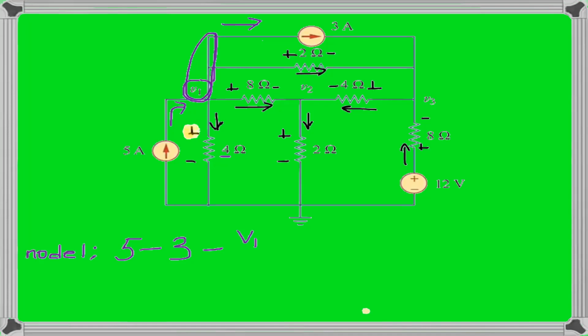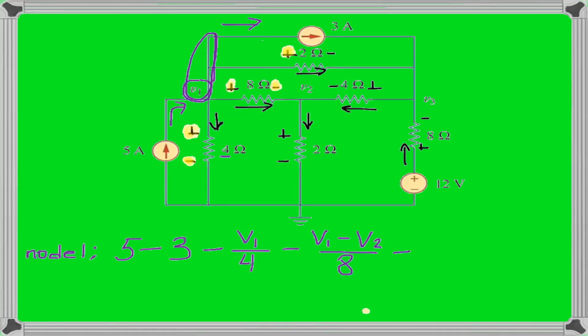So the voltage at plus is V1, minus the voltage at minus, which is 0, so we can ignore it, over the resistance. The next current is the current through the 8 ohm resistor, and again you take the voltage at plus, V1, minus the voltage at minus, V2, over 8.